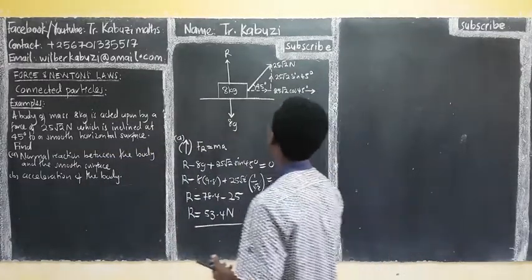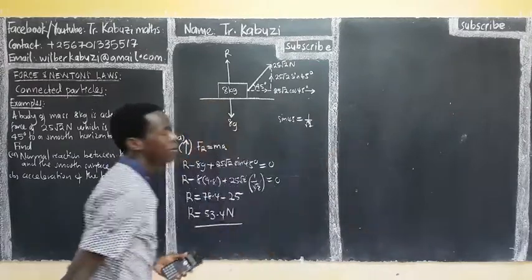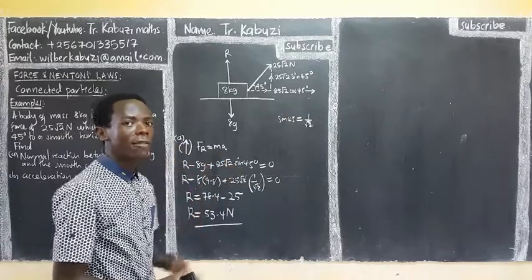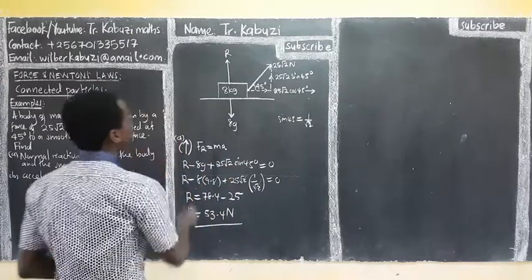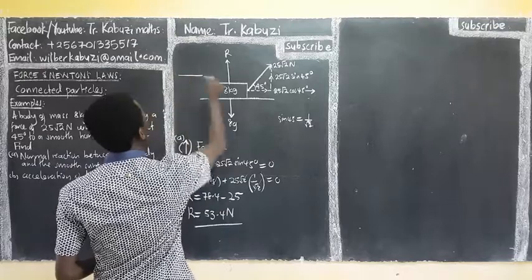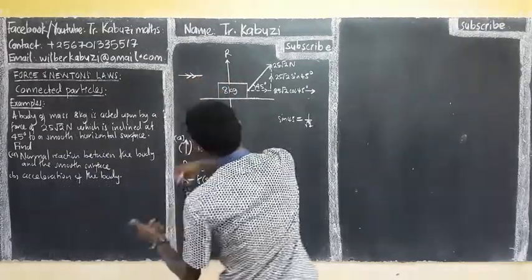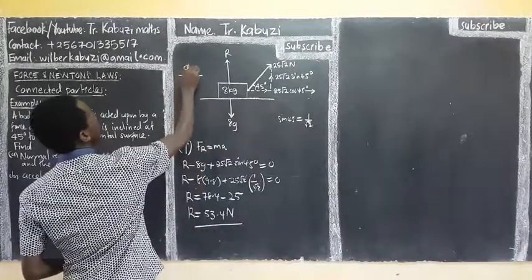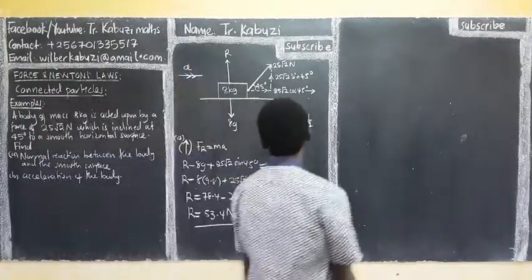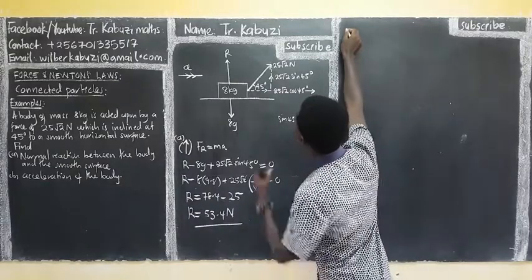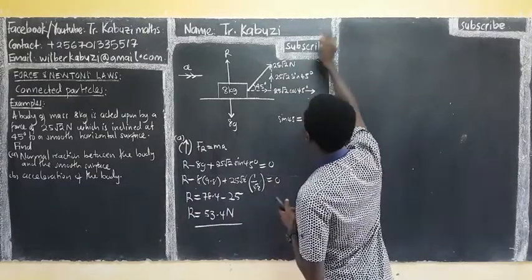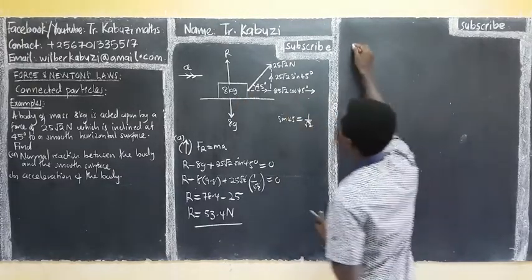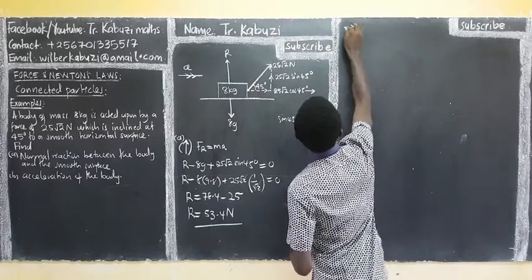Acceleration. Now, because our body is being pulled in that direction, remember the resultant force is in the same direction as the body's acceleration. So our acceleration is going to be in that direction. If you want the acceleration, we resolve this. We get the force that is pulling this body in this direction.